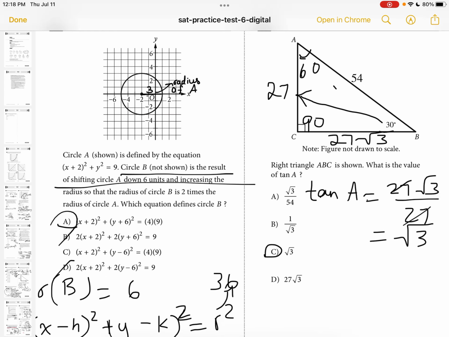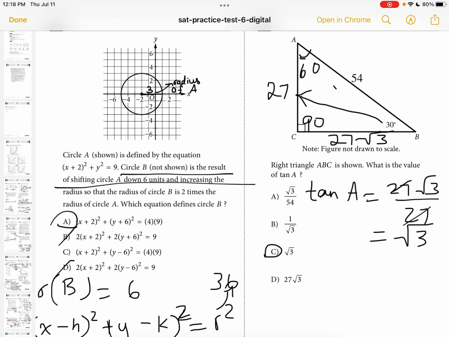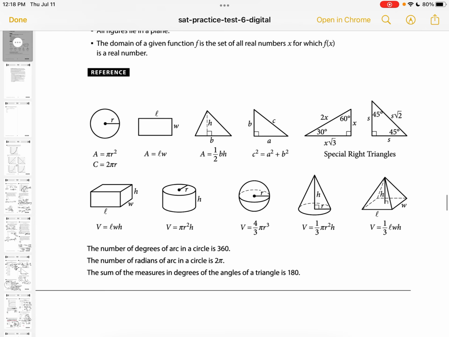So it's very important to memorize these special triangle rules, because questions like this require them. I'm also pretty sure they give you the special right triangles at the beginning, right here.